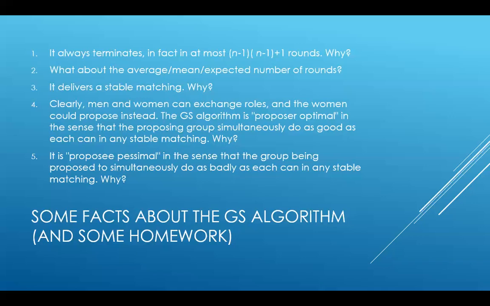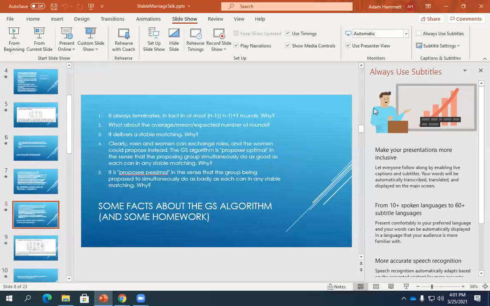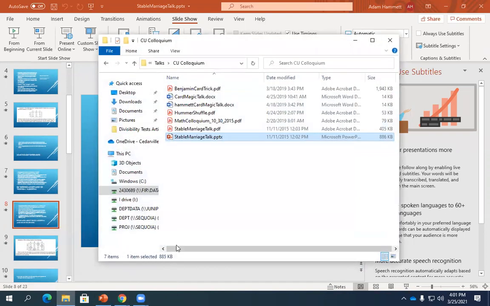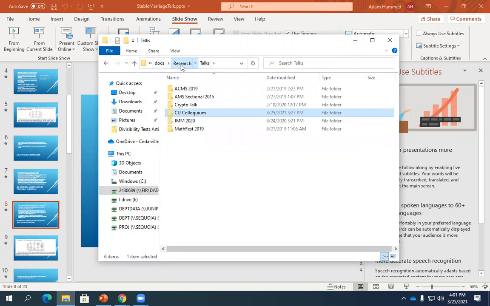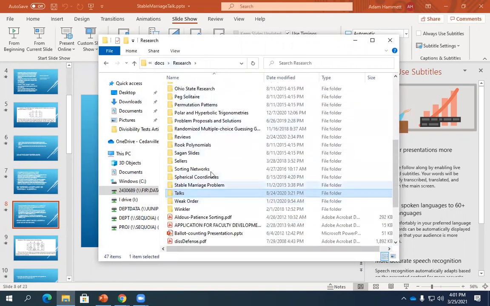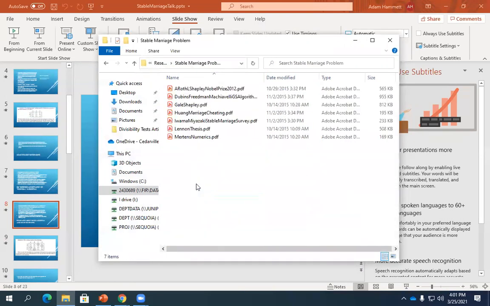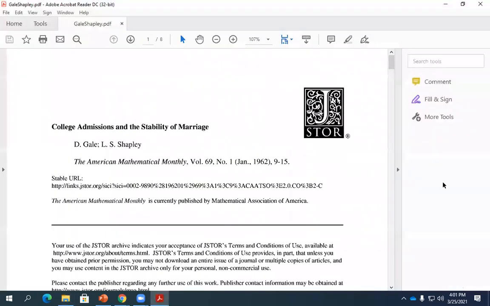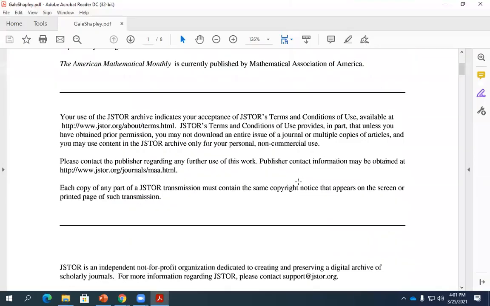Anyways, what I wanted to do next is think about this third question: why does this thing deliver a stable matching? Because I don't have access to my iPad right now, I'm going to go to the paper that I just handed out to you.